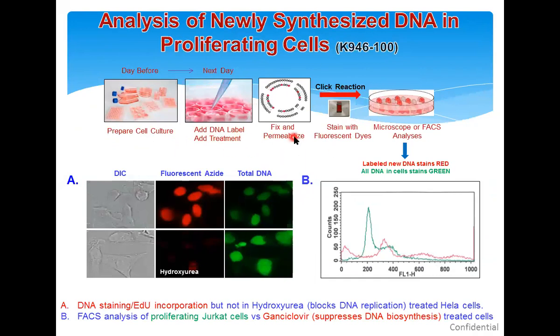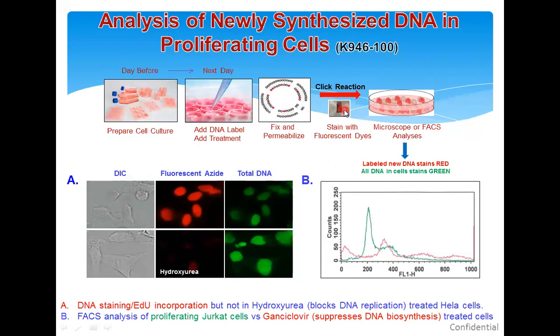You fix the cells, you permeabilize them, and then you perform the click reaction, which means the cell proliferation has already happened, everything is done. DNA is labeled because you have added the EdU. Now the click reaction is happening where you are adding the fluorescent azide, the fluorescent dye.